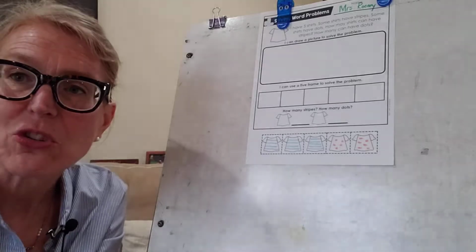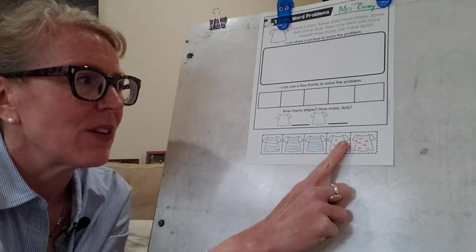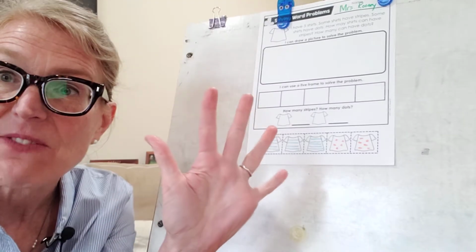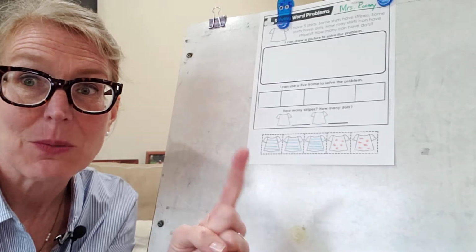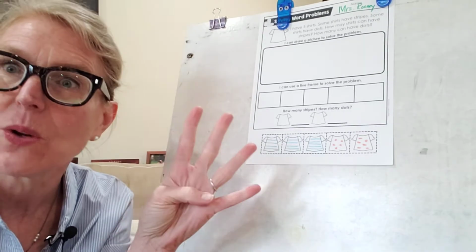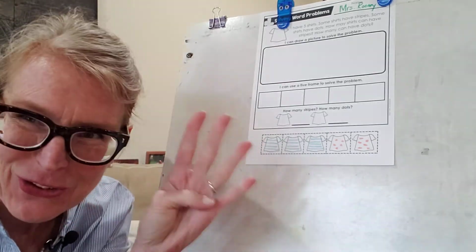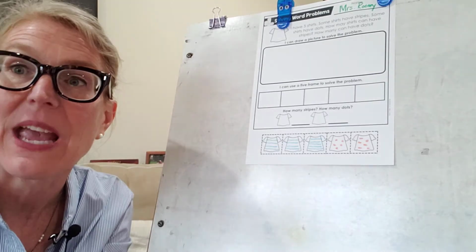Do I have any more shirts to do? I don't. Let's count them. 1, 2, 3, 4, 5. So I have my 5 shirts. You could do 1 shirt with dots if you want. You could do 2 shirts with dots, 3 shirts with dots, 4 shirts with dots. You may not do 5 shirts with dots, okay? So neither stripe shirts or dot shirts can have 5. It has to be 4 or less, all right?